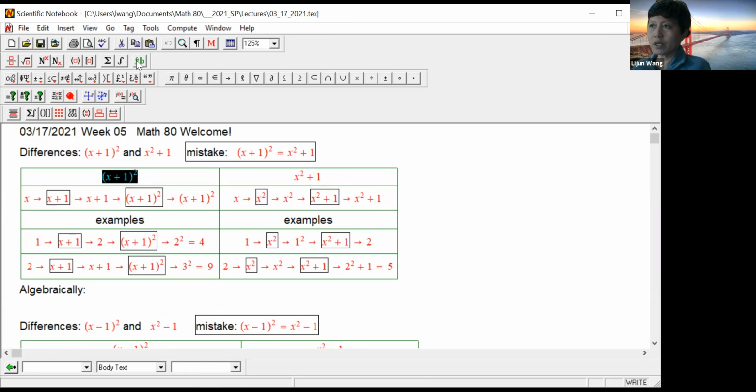x plus 1 squared is going to be what? If you FOIL this, do you guys know how to FOIL this? So this is the function perspective.